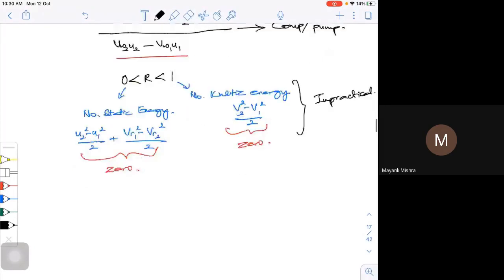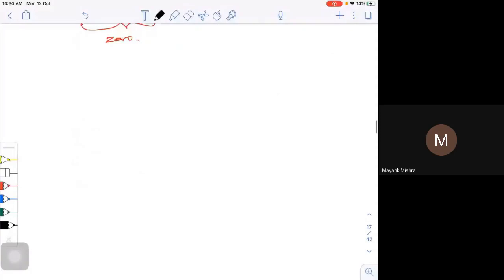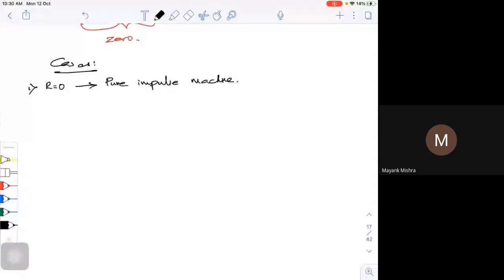That is an impulse machine, where I have only kinetic energy and make the machine work. The best examples I can give are the Pelton wheel or Pelton turbine, and the impulse steam turbines, like the De Laval steam turbine, which are impulse in nature.